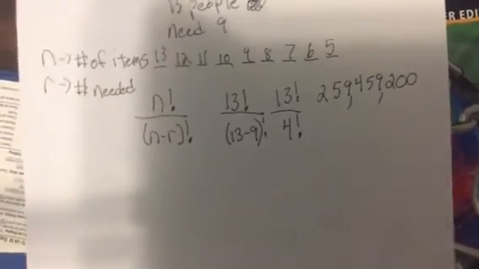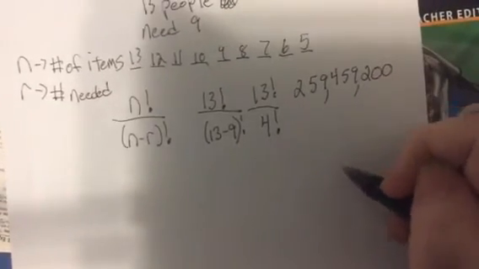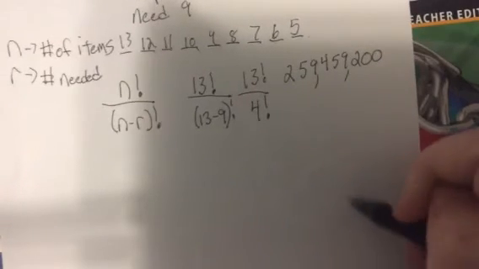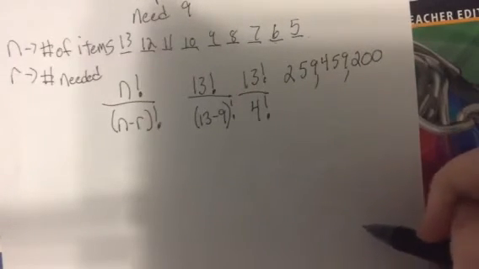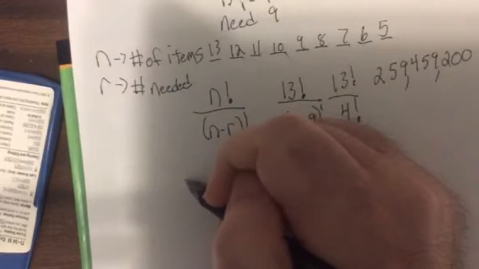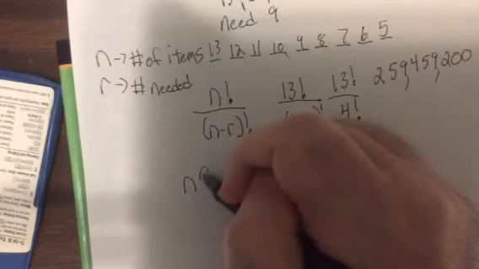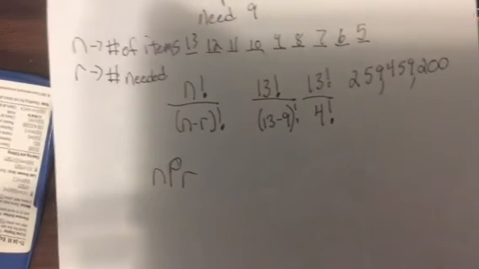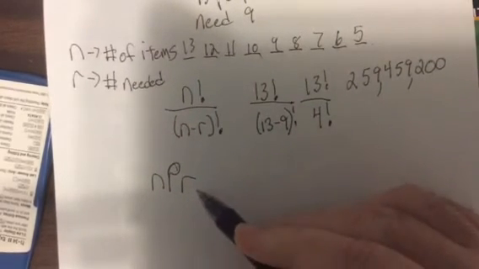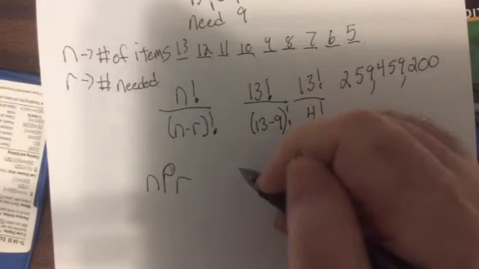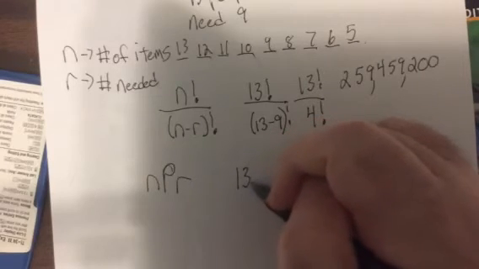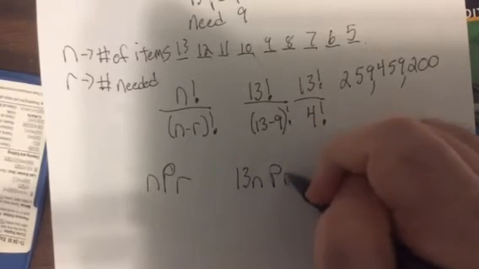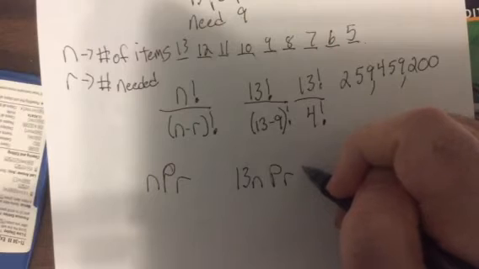Now, if you go to Desmos and go to the bottom where the trig is, to one of those sections, they have NPR. Now, some calculators have NPR, and what you do is you put the 13 and then the NPR 9.